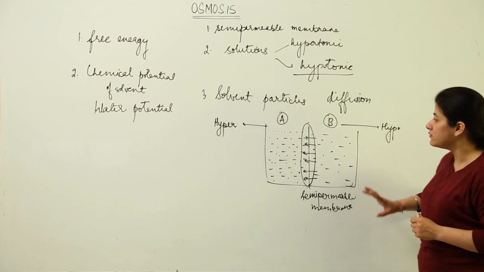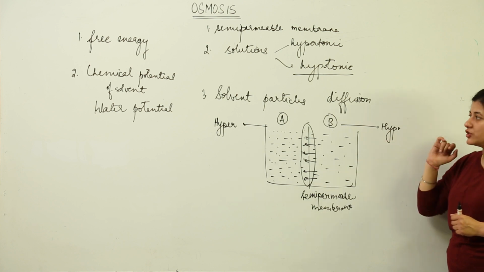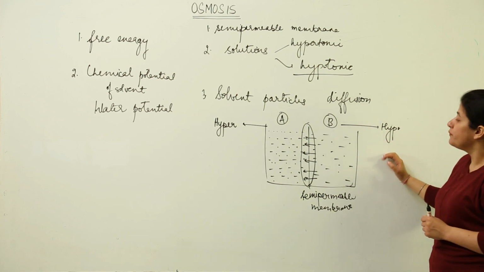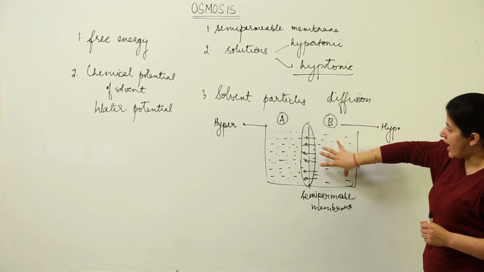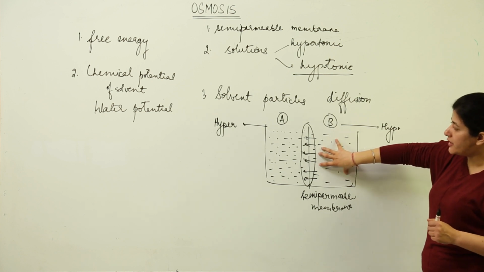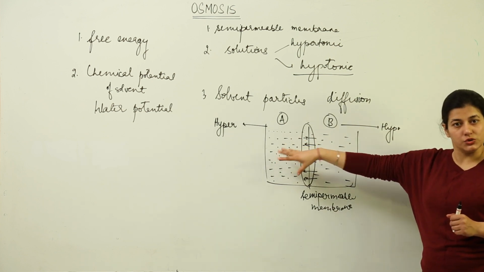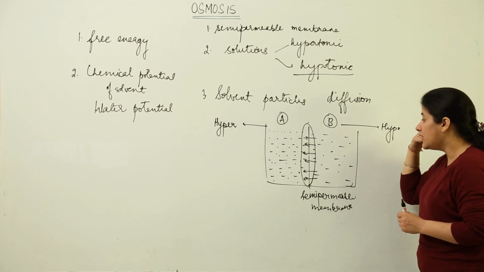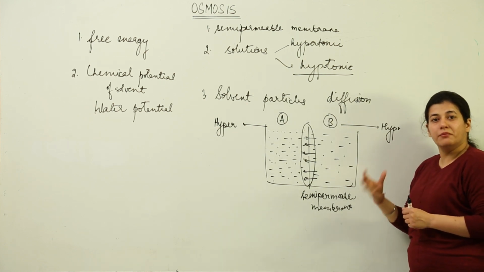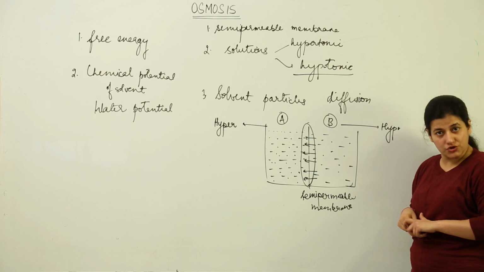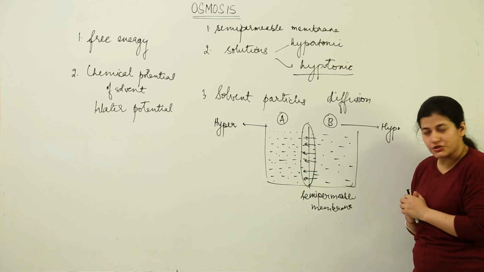This is one definition in terms of free energy. In terms of chemical potential, the solvent has higher chemical potential over here as compared to this region. Why is it so? Because as you can see, chemical potential depends upon the number of particles that are present in a given region, or molar concentration you can say.